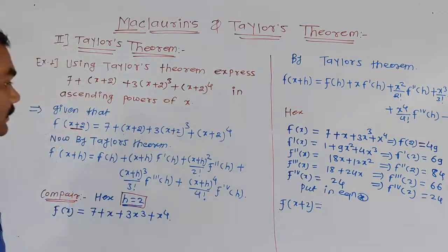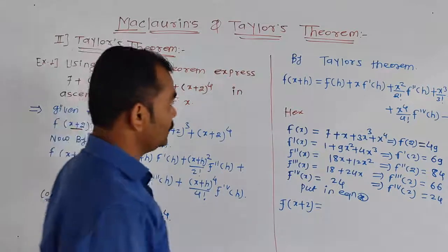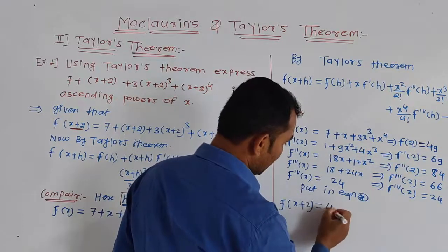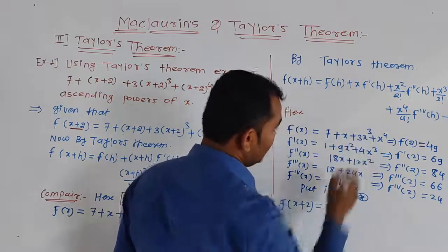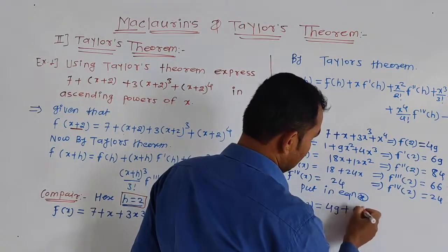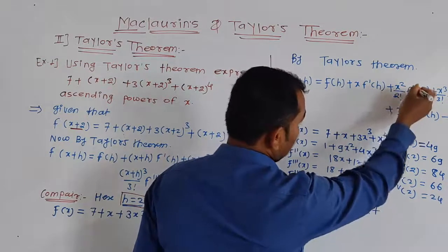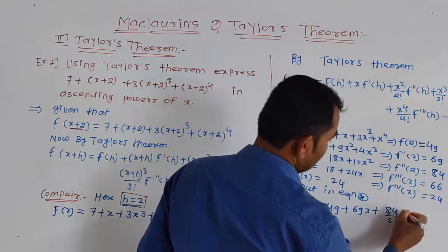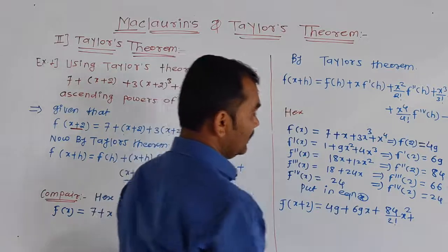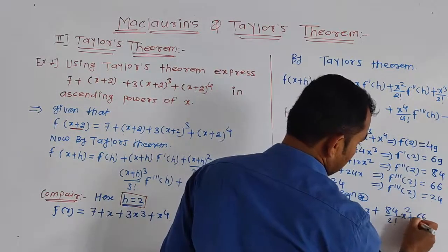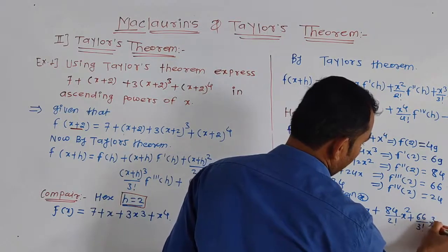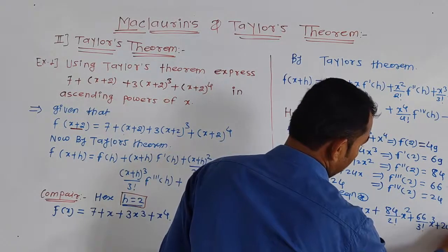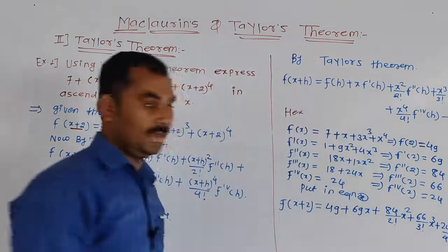We have tried this in ascending powers of x, so f of x plus 2 is equal to f of h, the value of f of h is 49, plus x f dash, this is your 69x, plus f double dash 84 divided by 2 factorial into x square, plus f triple dash, this is your 66 divided by 3 factorial x cube, plus the last fourth derivative, this is 24 x raised to 4 divided by 4 factorial.